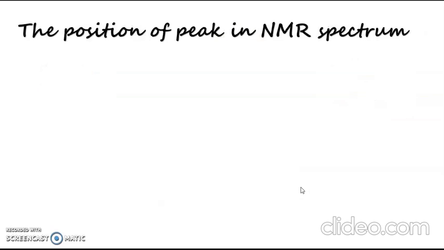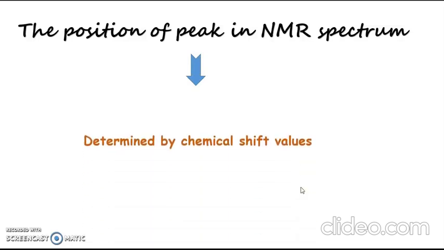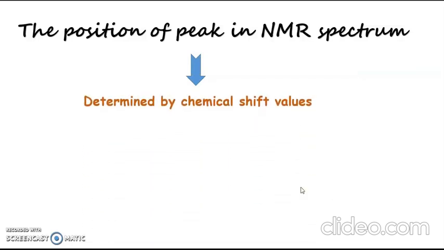Next, we are considering the position of peaks in an NMR spectrum. We have seen that chemical shift values are highly characteristic of the electronic environment of the nuclei, as discussed in the previous lecture.